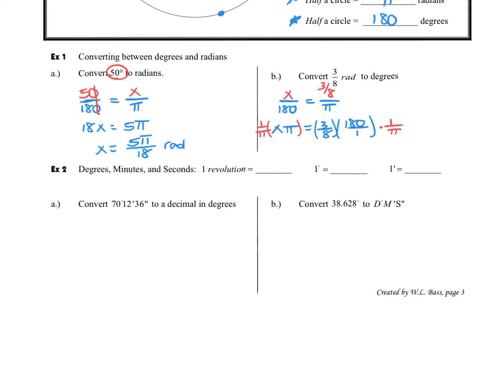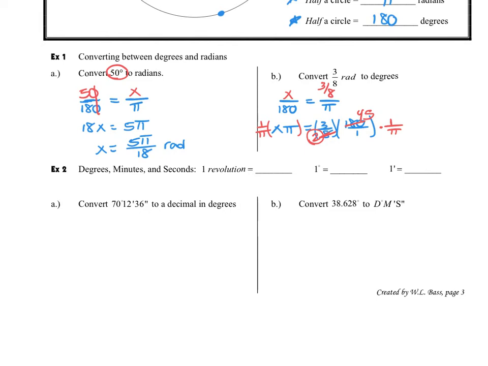If I want to keep this in exact terms, that means that I'm going to need to reduce all of this over here and then multiply straight across. So my 8 and my 180 are going to reduce to a 2 and a 45. And when I multiply that all the way across, I'll have 3 times 45.